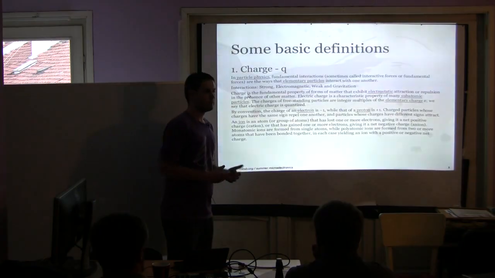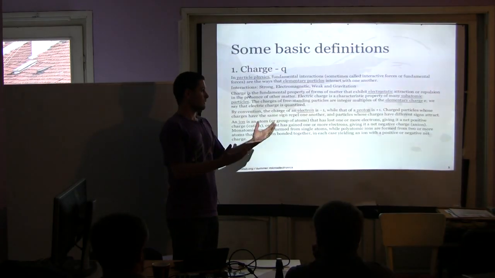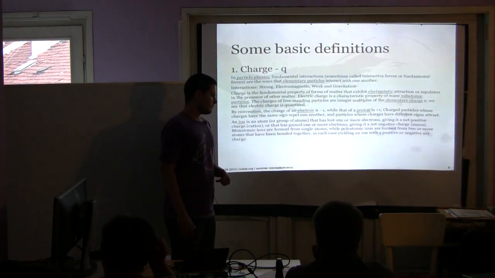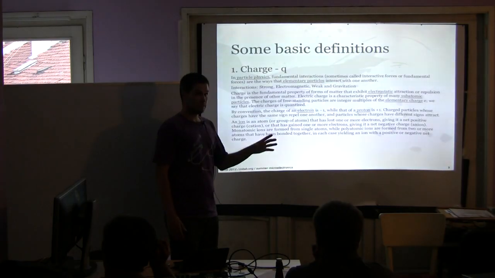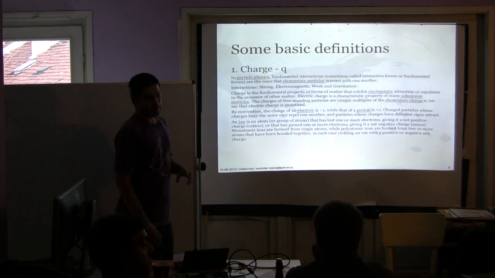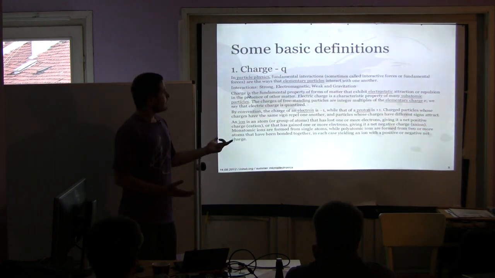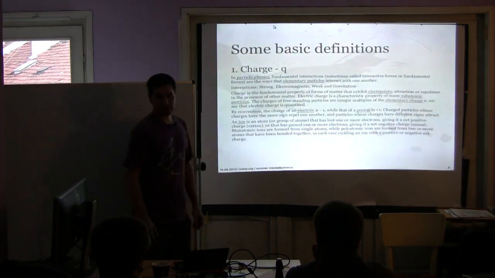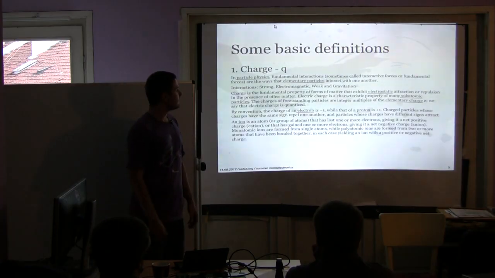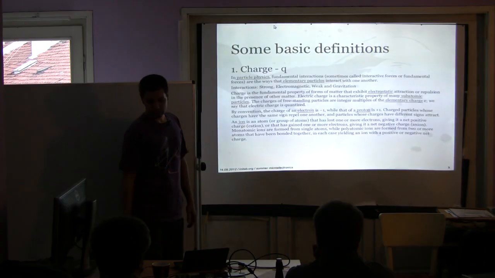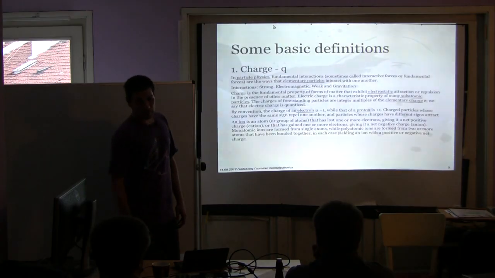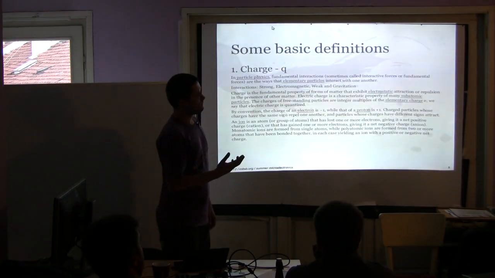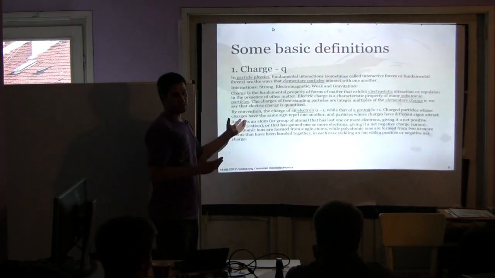What does it mean? It means that if we apply some voltage and we have a wire connection or some metal, a current will flow between them because of these charges.